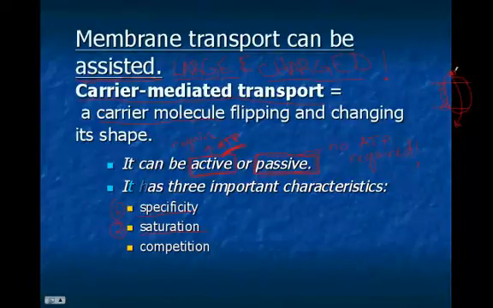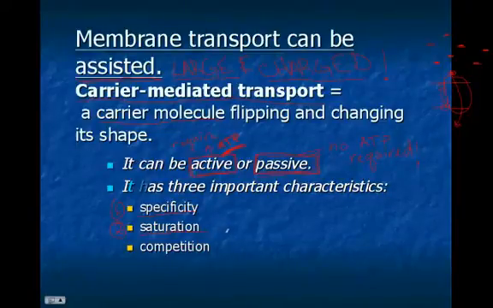That means they can only move glucose across at a certain rate, and we only have so many of these glucose transporters. No matter how much glucose we have outside the cell, we can only move it across so fast, until all of our protein transporters are full of glucose and working as fast as they can.